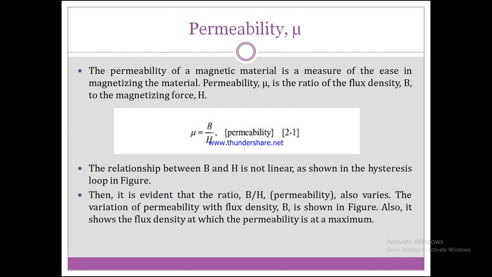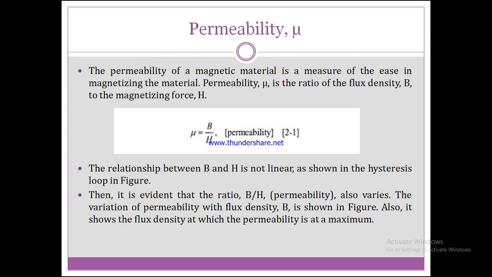The relationship between B and H is non-linear. That means the relation between flux density B and magnetizing force H is non-linear, as shown in the hysteresis loop in the figure.